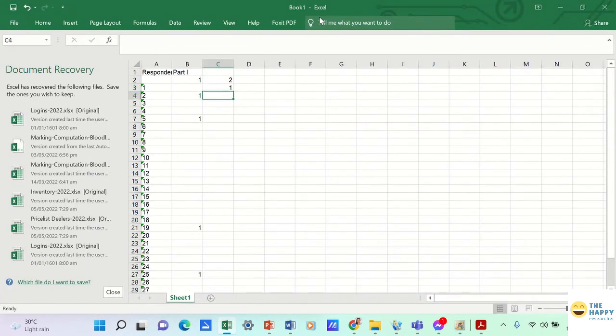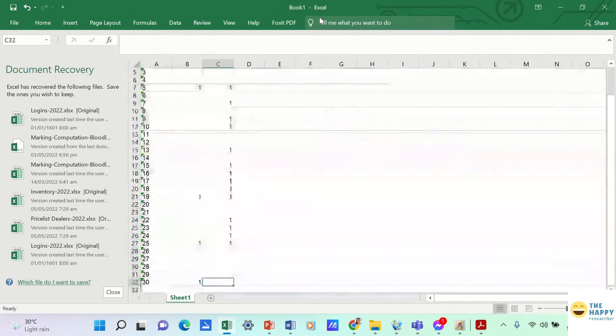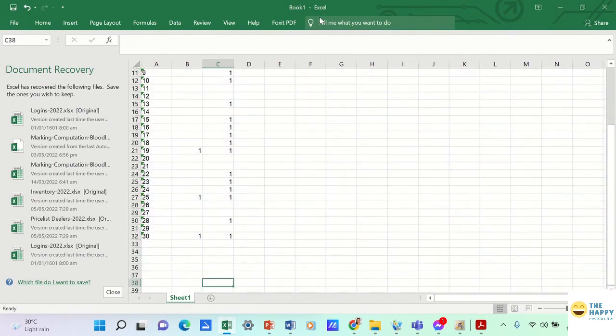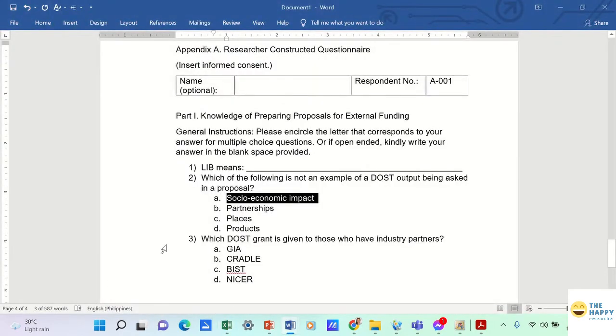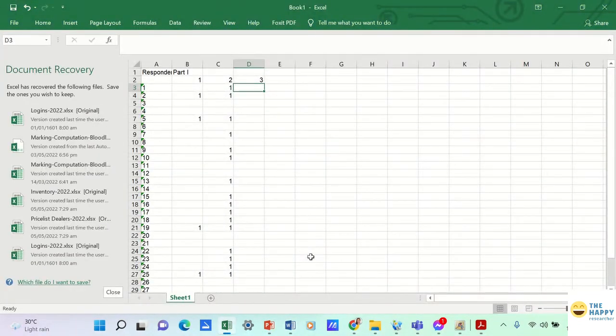Each correct answer is represented by a number one, while the blank areas are incorrect answers. The correct answer for question number two is socioeconomic impact. All those who answered socioeconomic impact will be given 1 point, while those who answered B to D will not score anything.